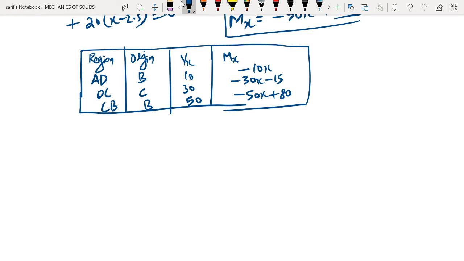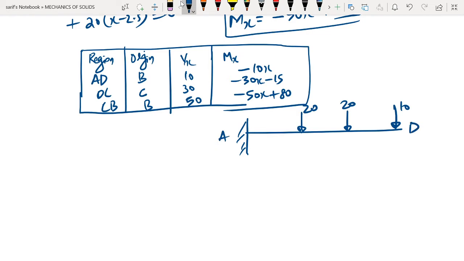Now we have to draw the shear force and bending moment diagrams for the resultant beam. To do this, we require the values of bending moment and shear force at some of the salient points.